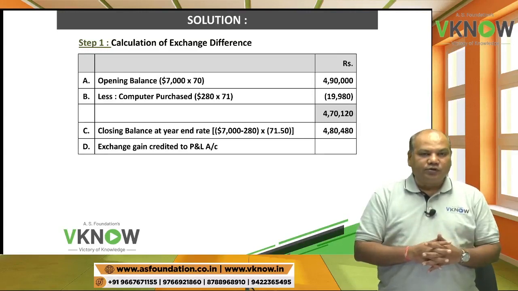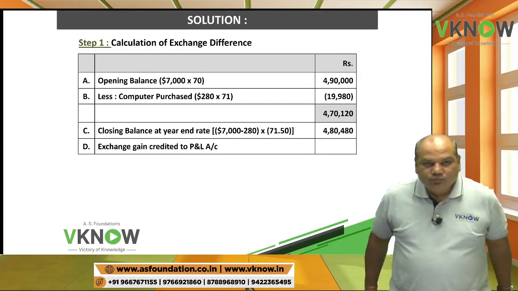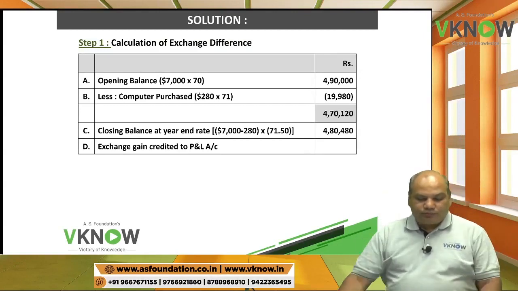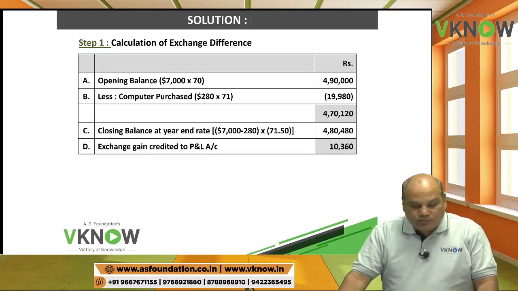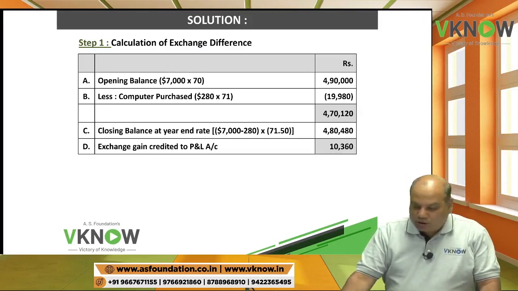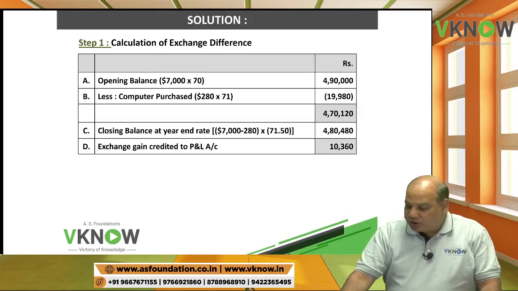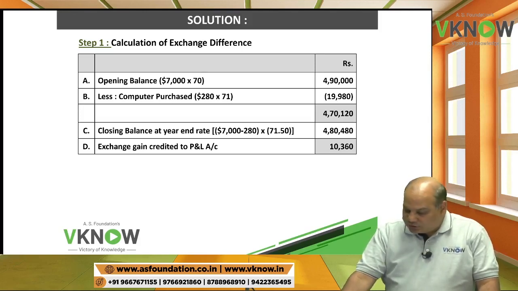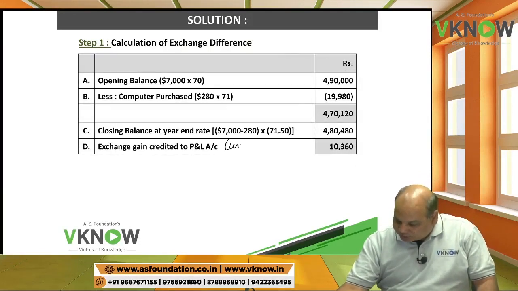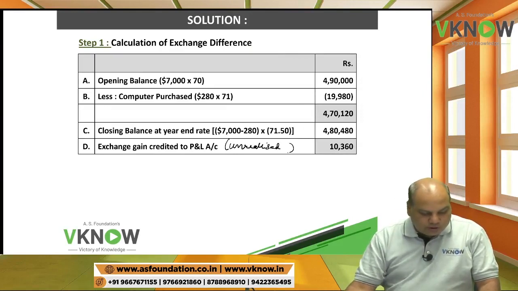That exchange difference we will recognize in the profit and loss account. So the answer comes to 10,360. Gajanan is right. 10,360 is my exchange gain. But this is unrealized.